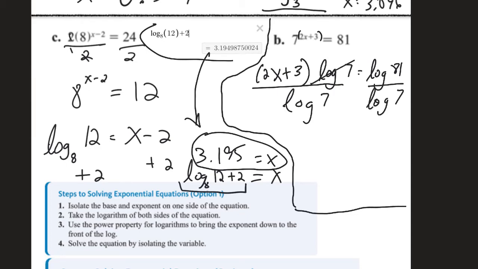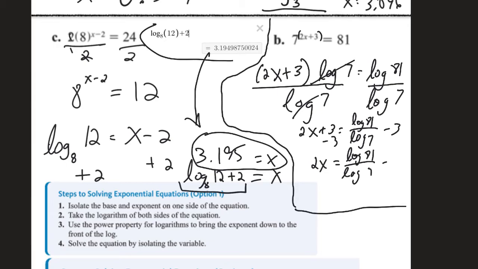So I can cancel here. Now I have 2x plus 3 equals the log of 81 divided by the log of 7. I'm going to subtract 3 from both sides. Now I have 2x equals the log of 81 over the log of 7 minus 3. And I'm going to divide this whole thing by 2.